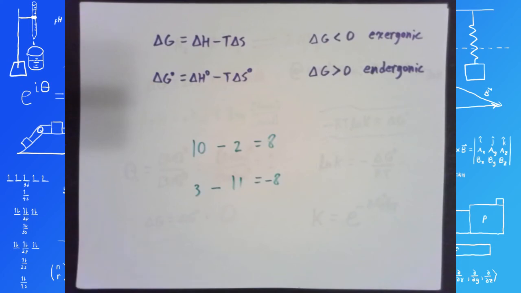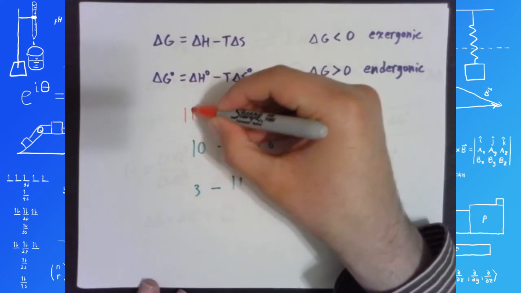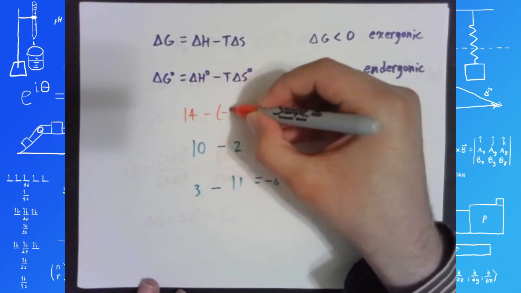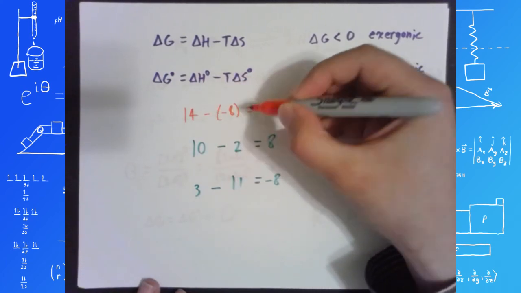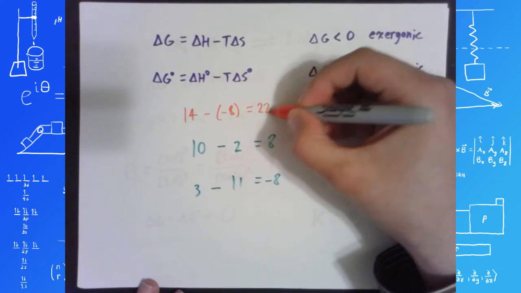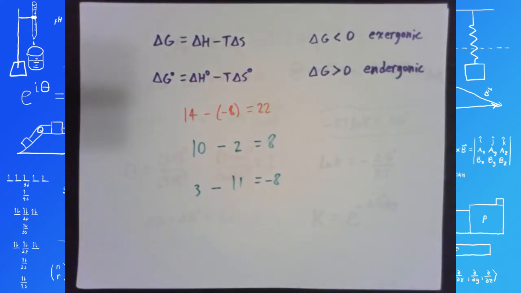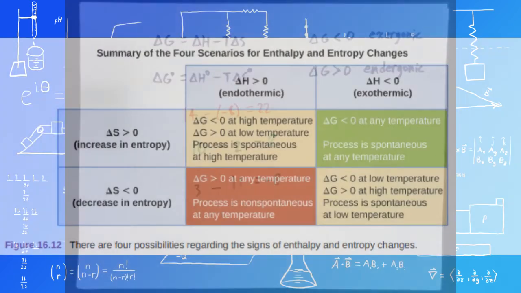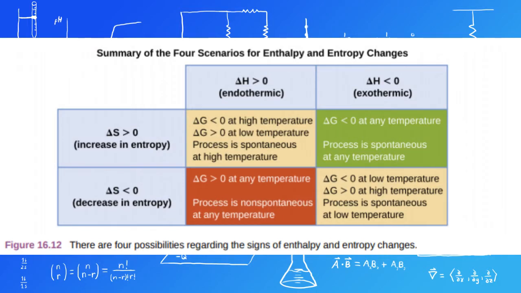If I did something like 14 minus negative 8, that's 14 plus 8, that's 22. It's always going to be positive. So it's always going to be non-spontaneous if delta H is positive and delta S is negative.